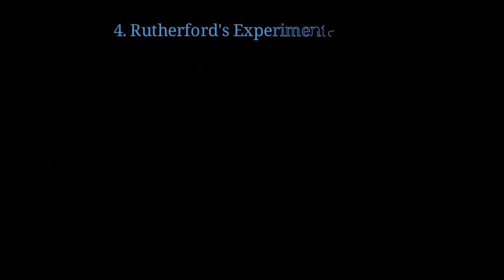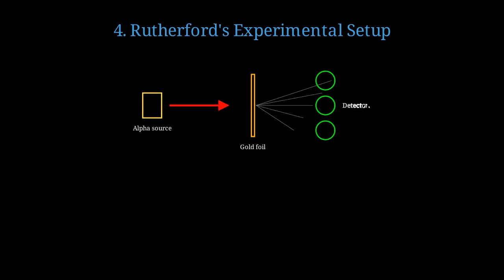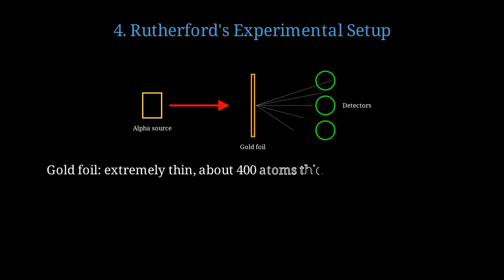In 1909, Ernest Rutherford, along with Hans Geiger and Ernest Marsden, designed a brilliant experiment to test atomic structure. The experimental setup was elegantly simple. A radioactive source emitted alpha particles toward a thin gold foil with detectors positioned around to measure scattered particles. The gold foil was extraordinarily thin, only about 400 atoms thick, approximately 400 nanometers or 0.4 microns.